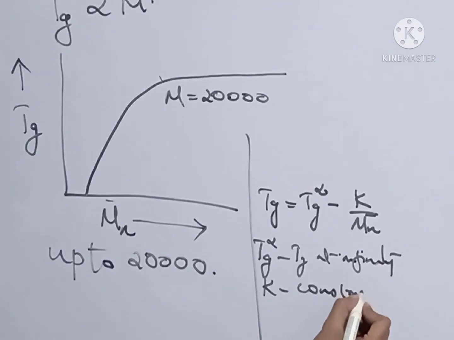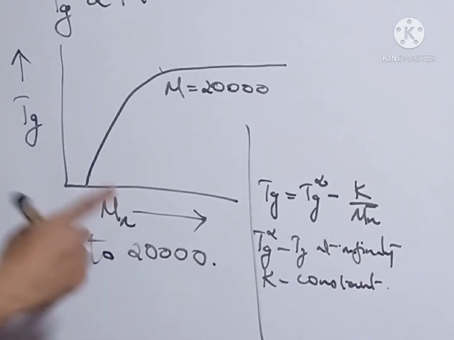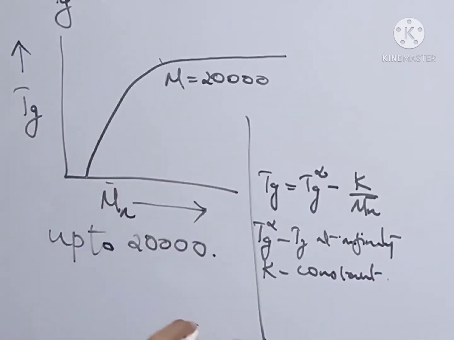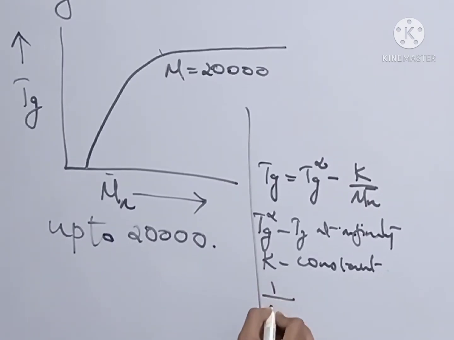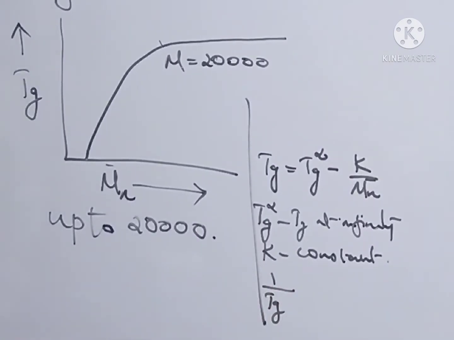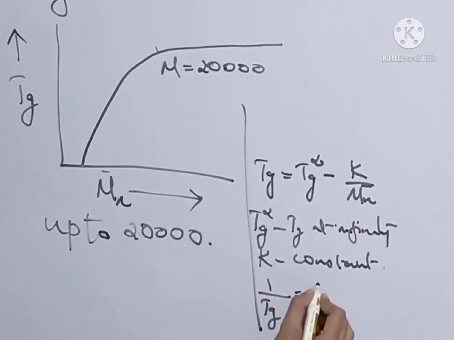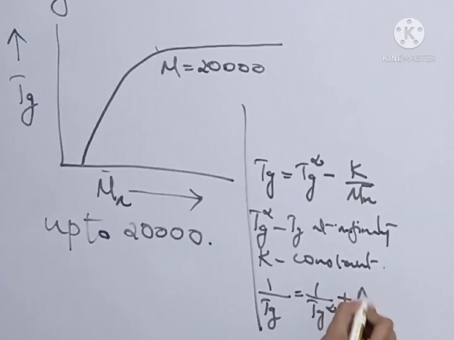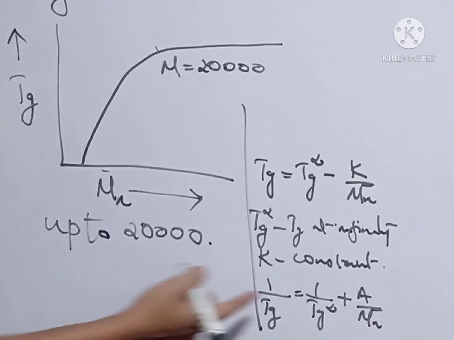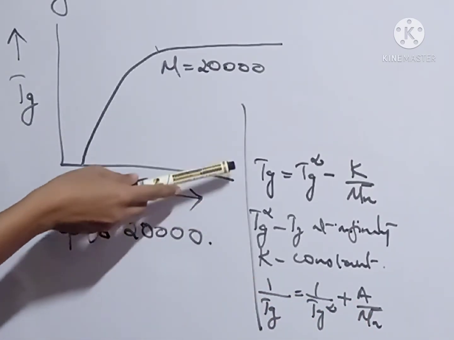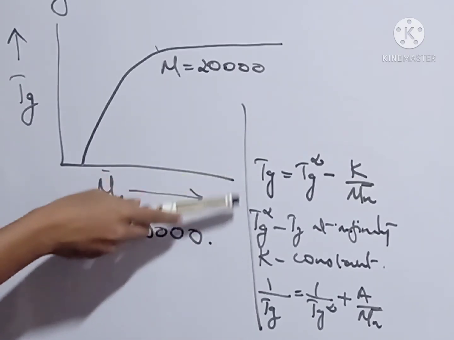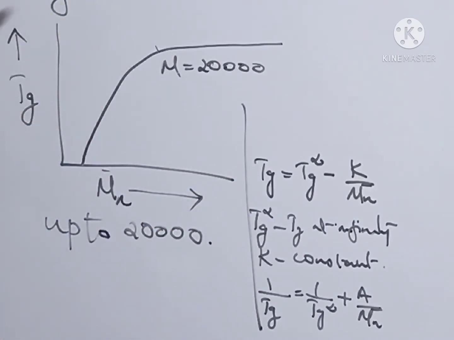And this equation can also be represented by taking the reciprocals, that is 1 by Tg equal to 1 by Tg infinity plus A by Mn. Here A is also a constant. So these are the two relations which express the dependence of glass transition temperature on molecular weight.